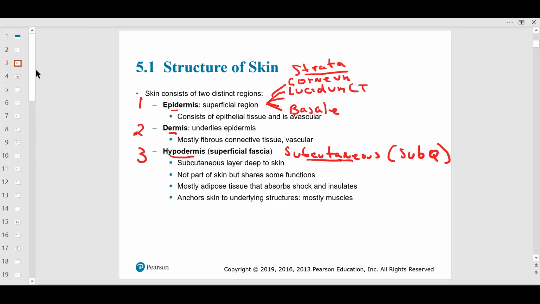So that's thick skin only. And where's thick skin? That's on the palms of your hands, soles of your feet. Then you have the stratum granulosum. And then the one in between basale and granulosum is the stratum spinosum.